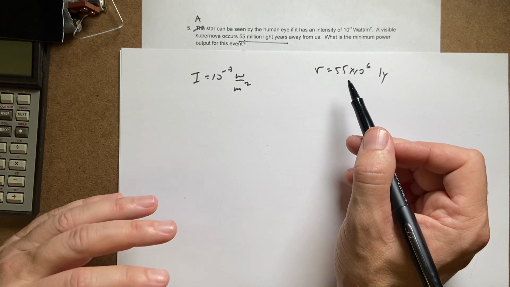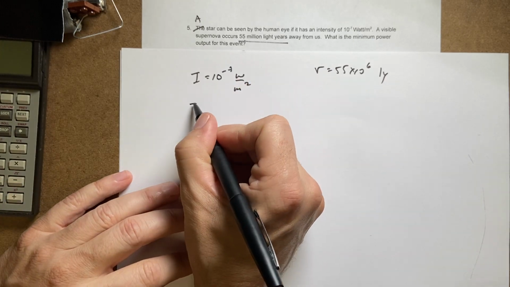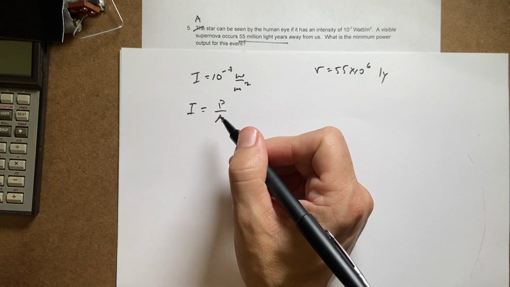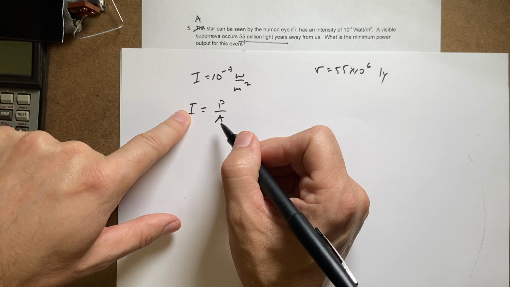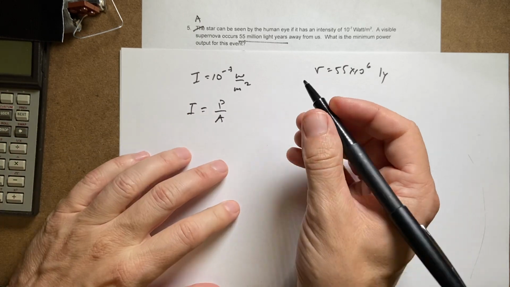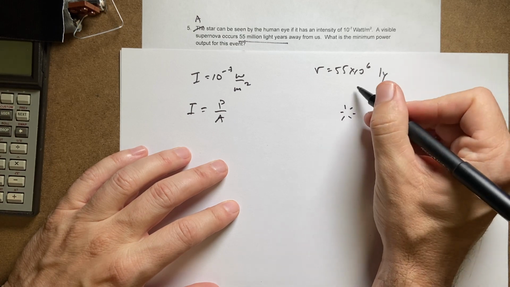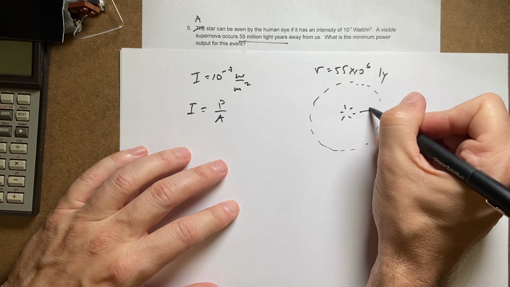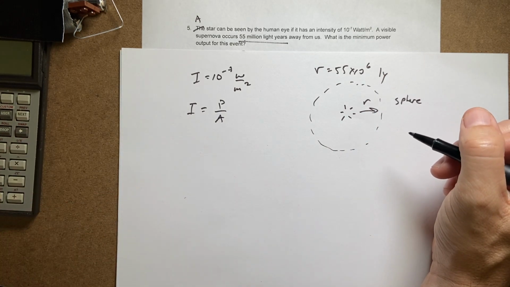Okay, so if I can detect it, then it's this intensity, at least. Intensity is the power divided by the area. That was one of the formulas I posted. So if I know the intensity, all I have to do is find the area. Suppose here's my supernova event, and that light is going to spread uniformly over a sphere of radius r, because it's expanding in all directions.